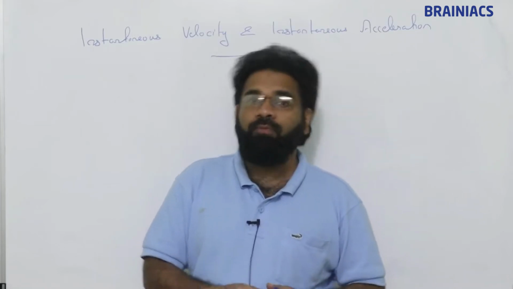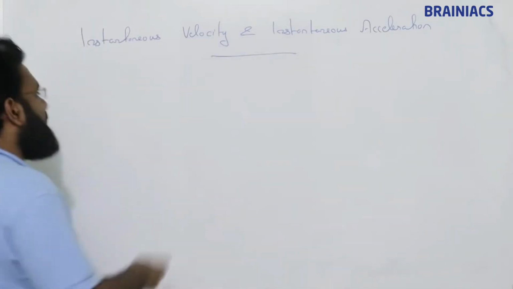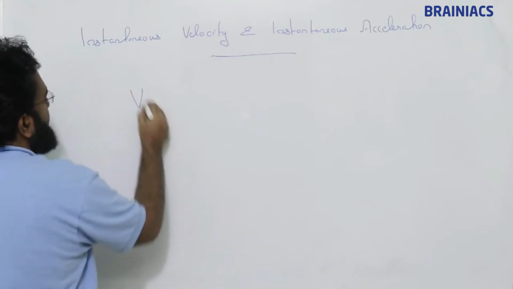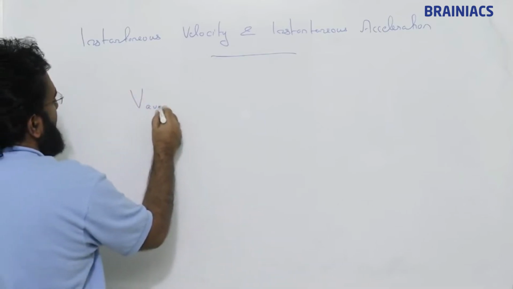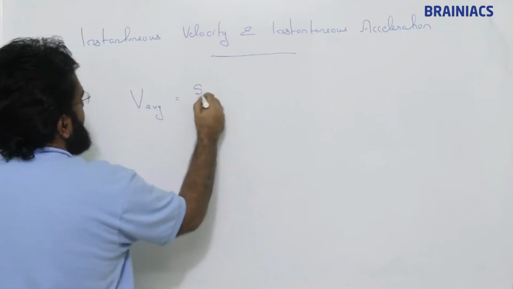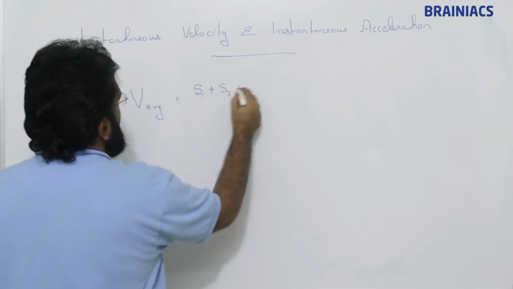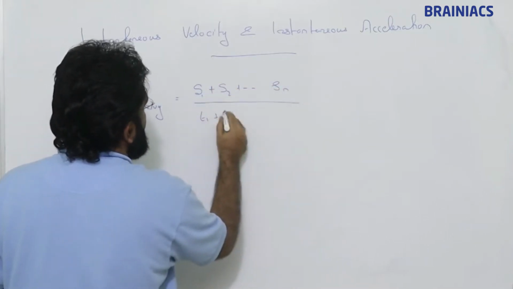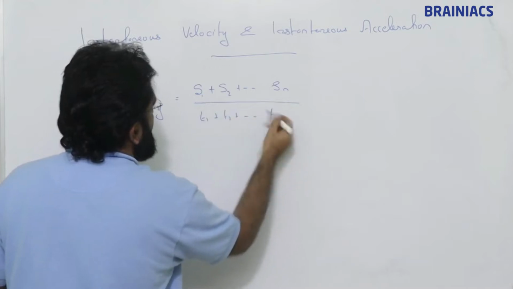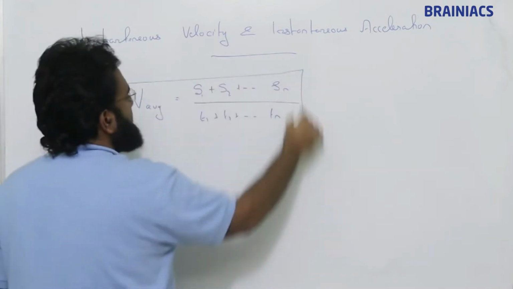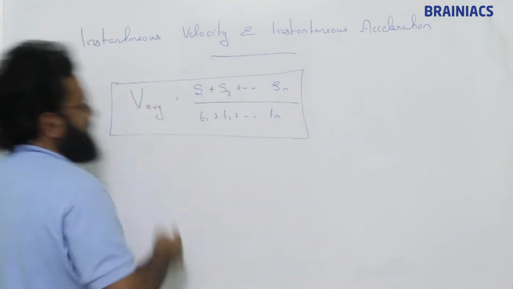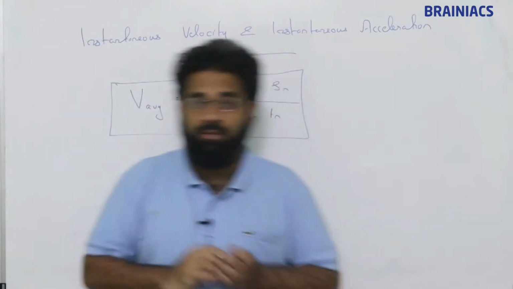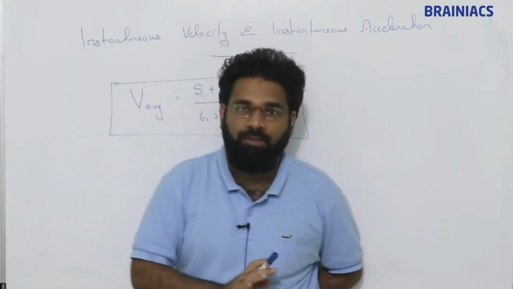How did we find the average velocity? You might be remembering the formula. Average speed or average velocity is nothing but the sum of all the displacements divided by the sum of all the time.